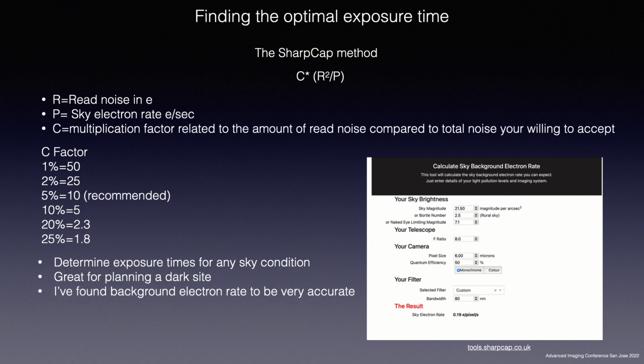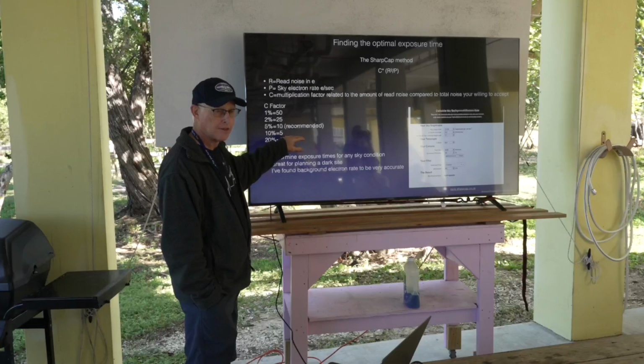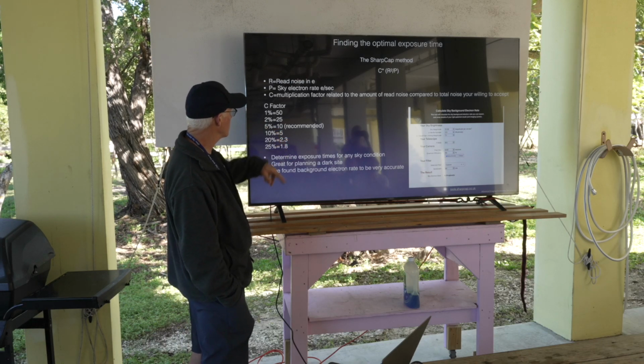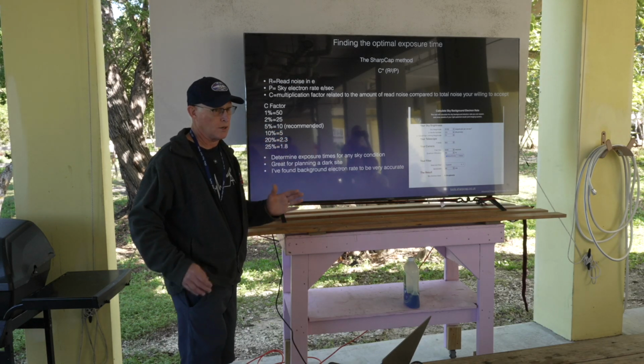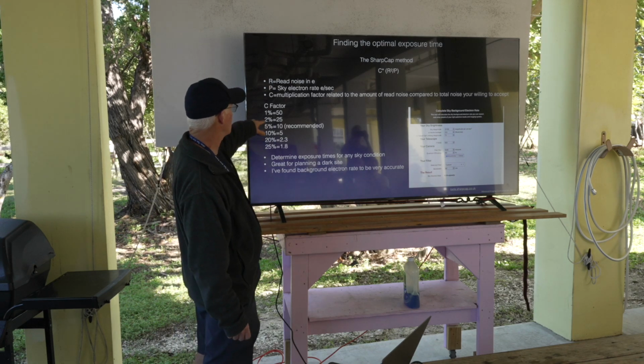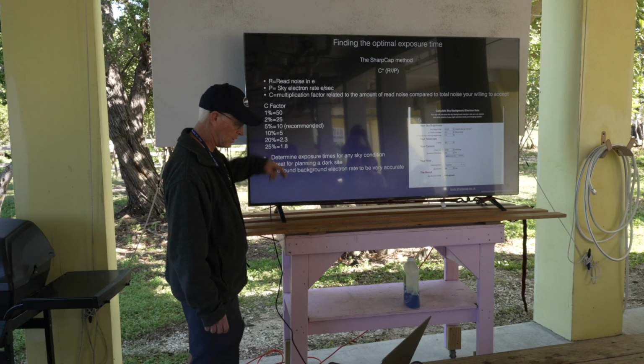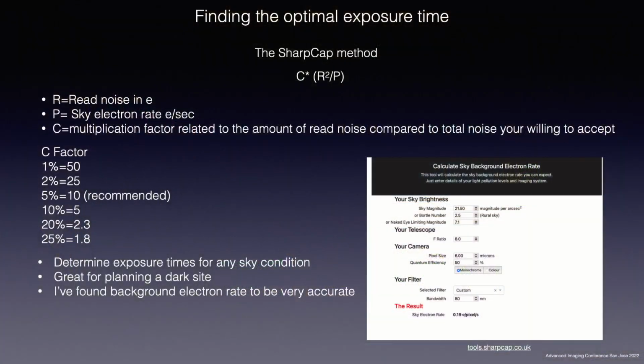I actually made that at the 5% noise level. So that's the recommended number to use, but maybe you're a purist and want even less noise in your images. Well, these are the other fudge factors that you can multiply in instead.